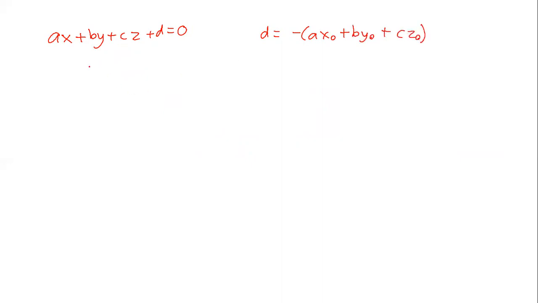And so this is a linear equation in x, y, and z, because each of those variables is only multiplied by a constant.